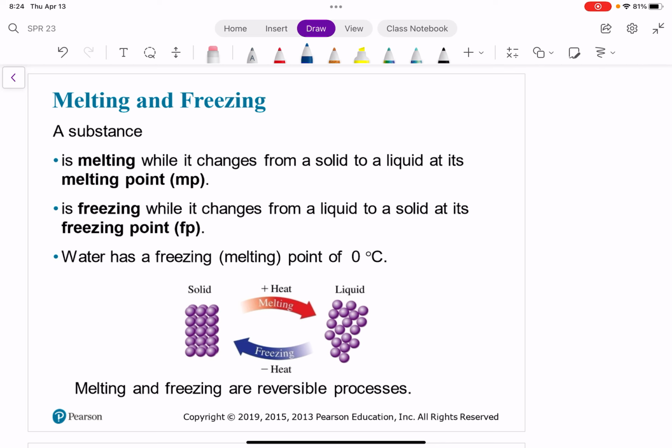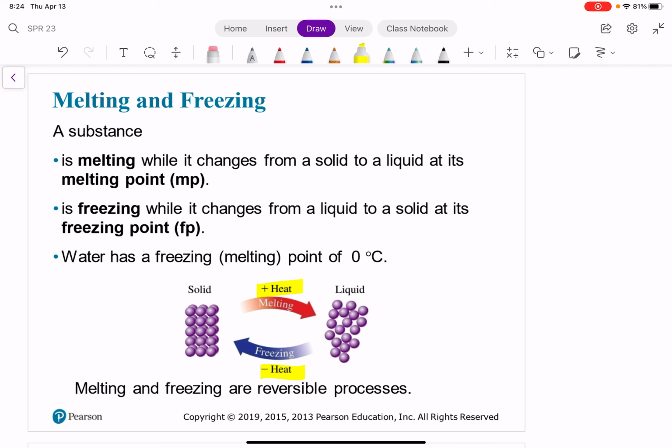In other words, if you're adding heat, you're melting, and that can happen at 0 degrees Celsius. You add heat and go from solid to liquid, and it also freezes at 0 degrees Celsius. If you're removing heat, you can go from liquid to solid, and that's freezing. We often talk about 0 degrees Celsius as a freezing point, but it's also a melting point.